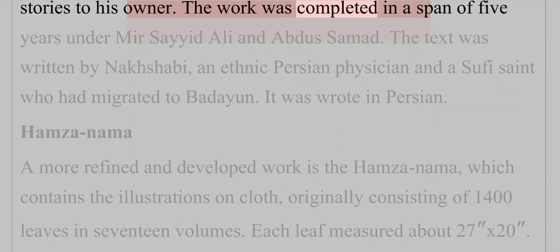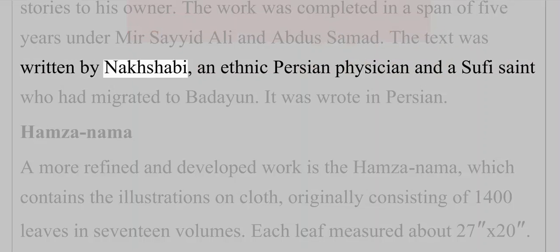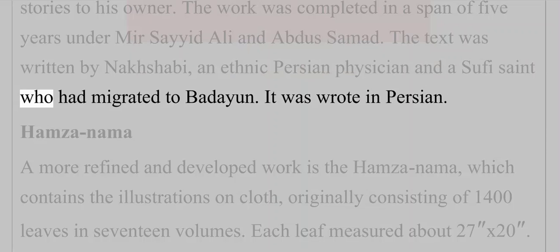The work was completed in a span of 5 years under Mir Sayyid Ali and Abdus Samad. The text was written by Naqshbandi, an ethnic Persian physician and a Sufi saint who had migrated to Badayu. It was written in Persian.